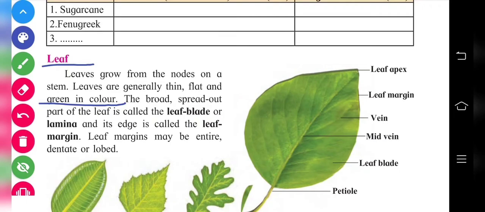The broad spread out part of the leaf is called the leaf blade. Where is the leaf blade?